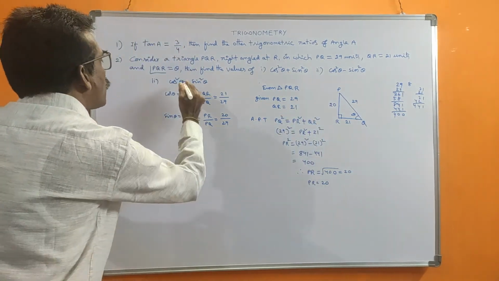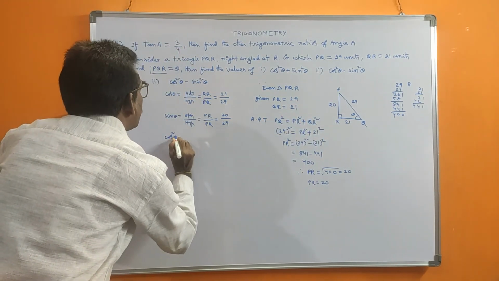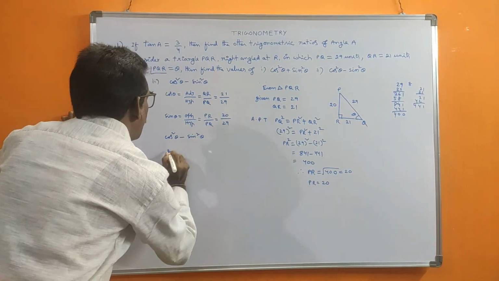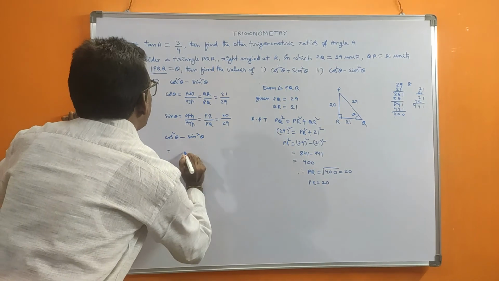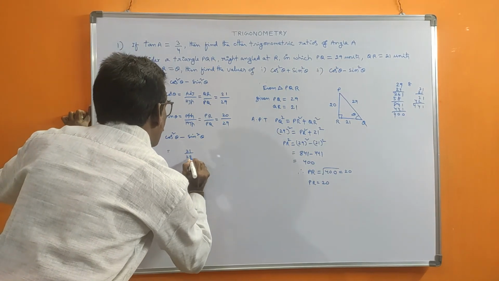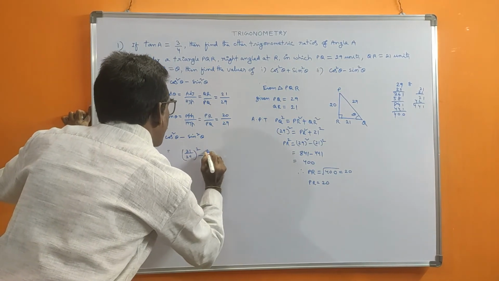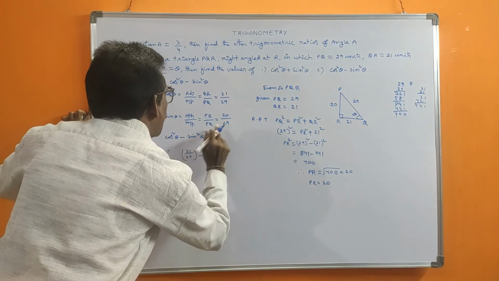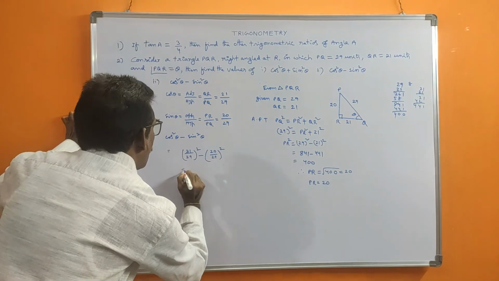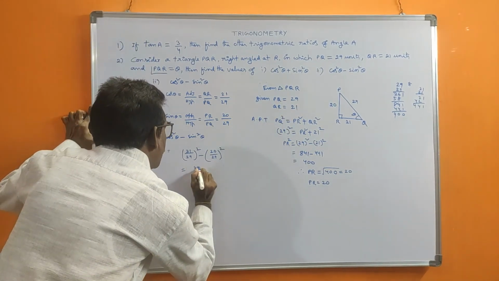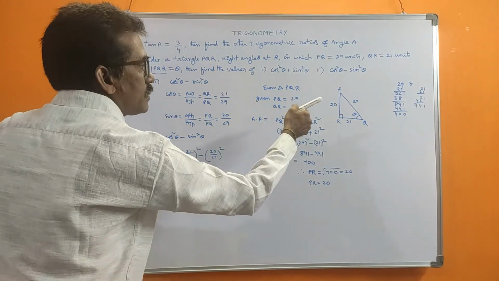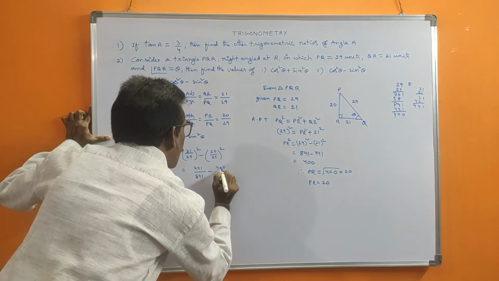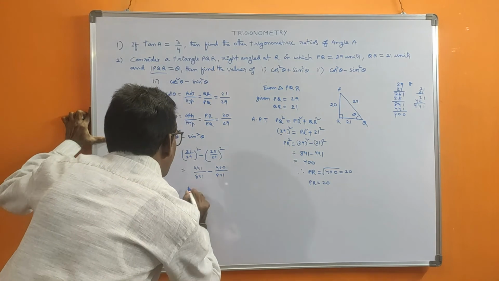Okay. Now write what we want to find: cos square theta minus sin square theta. Same. Cos value you substitute, 21 by 29, square of it, minus 20 by 29, this is the sin value, square of it. So 21 square is 441, 29 square is 841, minus 400 by 841.